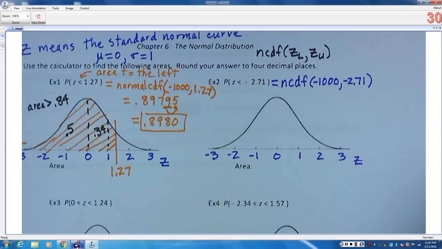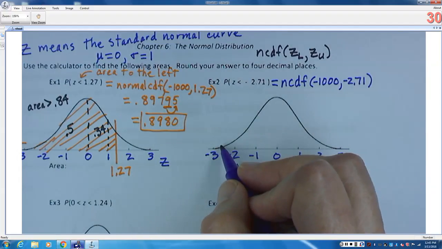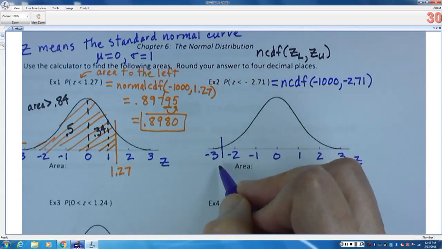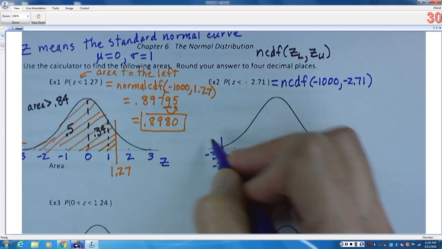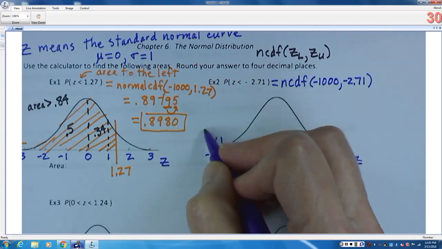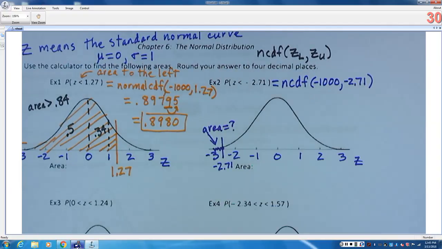So we have numbers on a horizontal axis and we have areas. Minus 2.71 is about here. So we're only looking for this tiny area. This should be very small. It should be less than 0.0235, 2.35%.